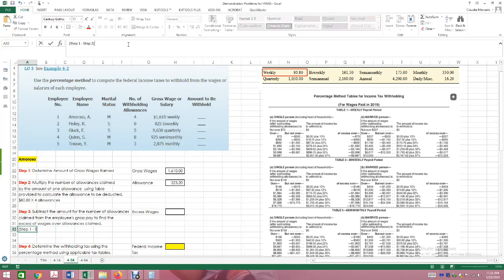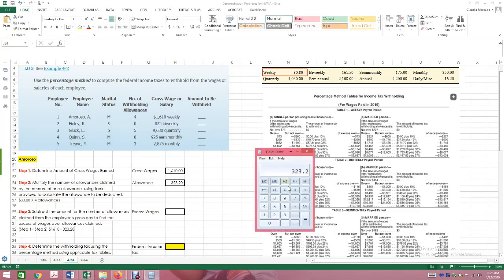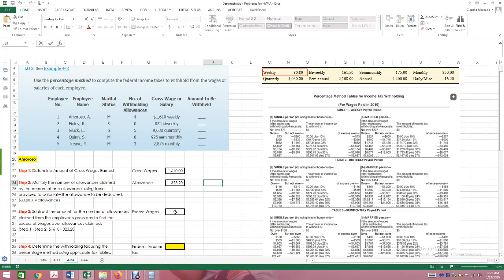On step 1, I got 1610. Step 2, I got 323.20. Okay, so I subtract those two. 1610 minus 323.20. Okay, so I'm going to pay taxes on 1286.80. This is the amount that is subject to tax.